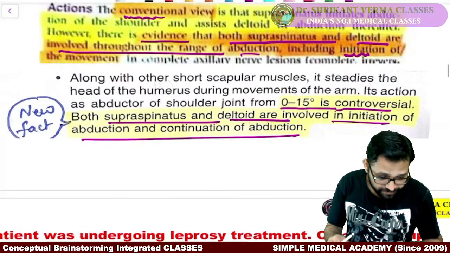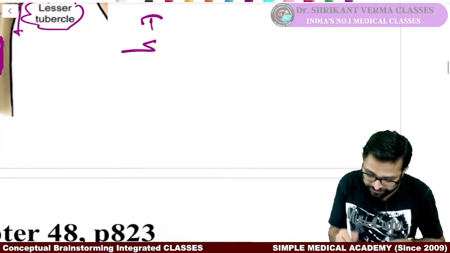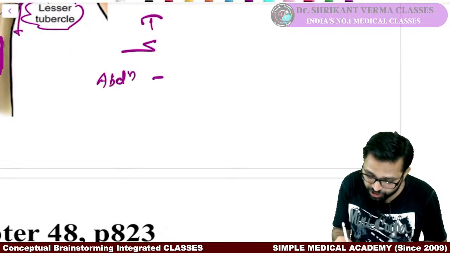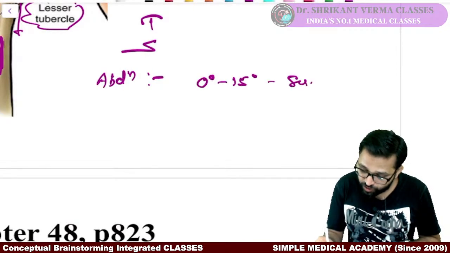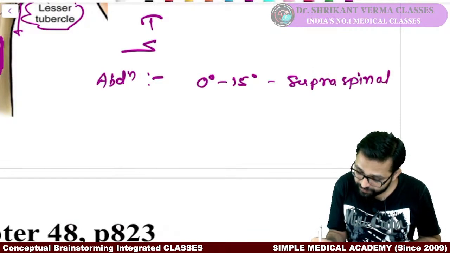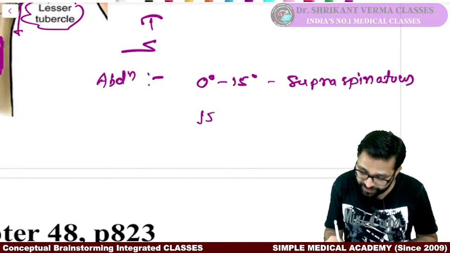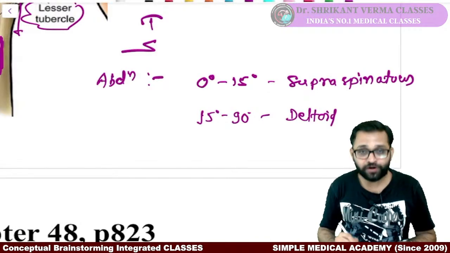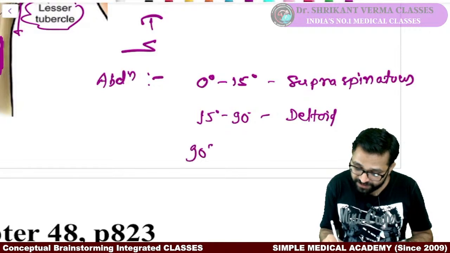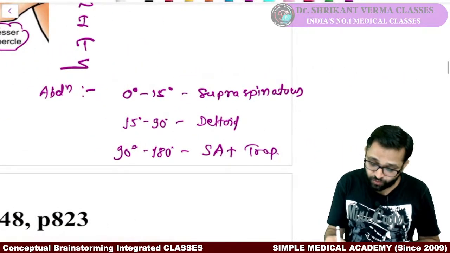What you have to remember is the earlier view: abduction of the shoulder from 0 degree to 15 degree was caused by the supraspinatus, correct. Then 15 degree to 90 degree is done by the deltoid, and 90 degree to 180 degree is done by the serratus anterior plus trapezius. But this is your old theory.